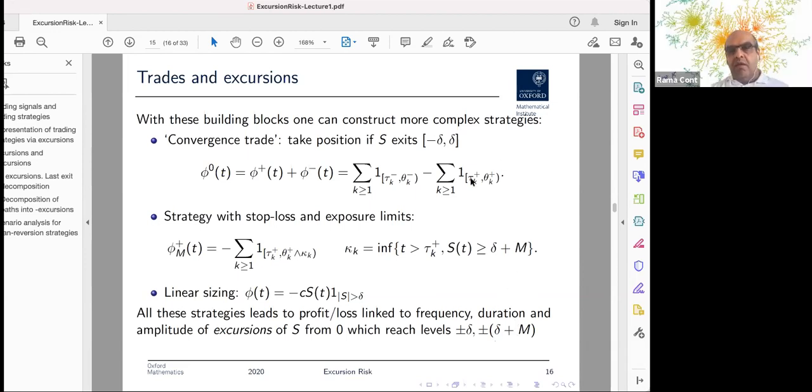So these are the examples I want you to keep in mind, and this will motivate the next part after the break, where I will introduce formally this concept of delta excursion, and we will define properly what we mean by excursions and see how this can enable us to analyze these strategies in a systematic and simple way.